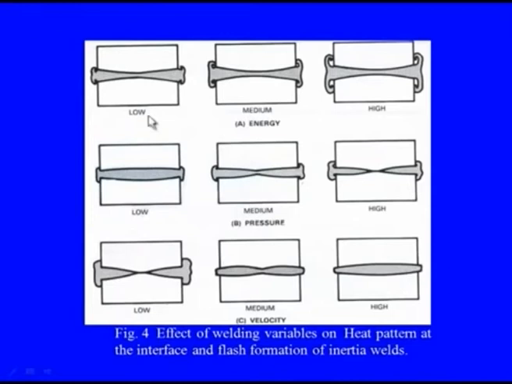This is where the low, medium and high energy that we have seen are being used. If we use high energy, a high amount of flash will be produced as a result of this process. Medium energy means considerably less, and at low energy there will be minimal flash produced.